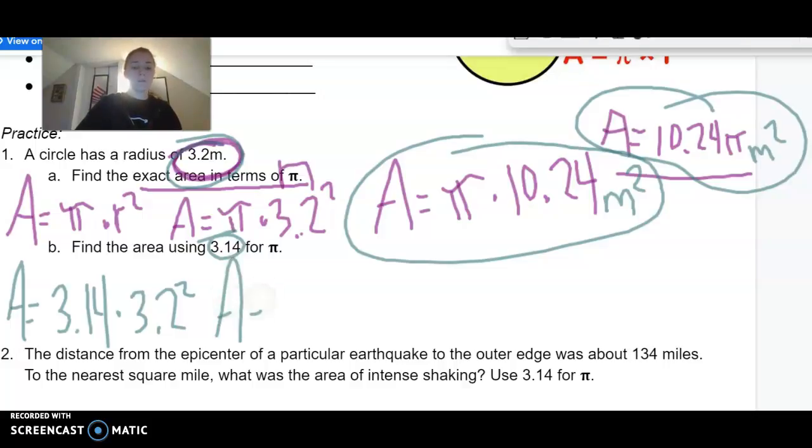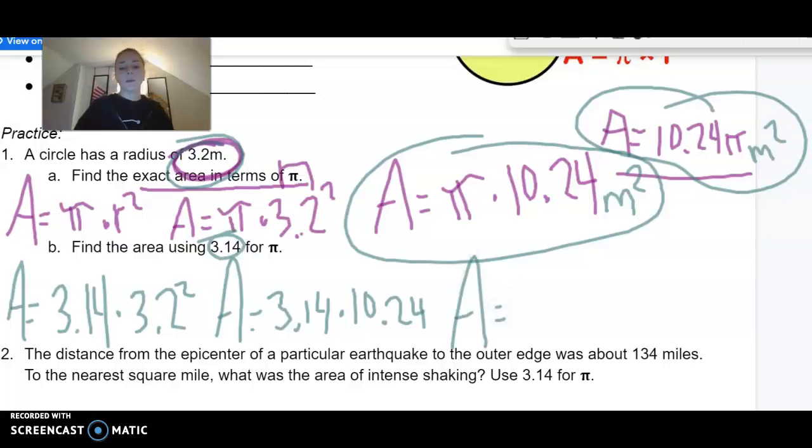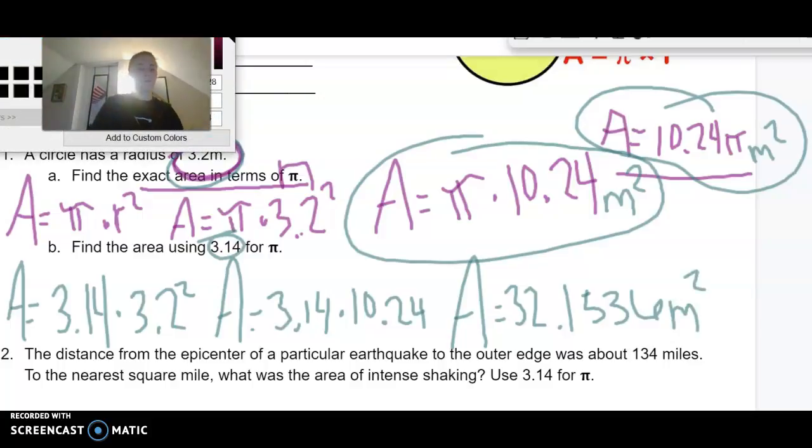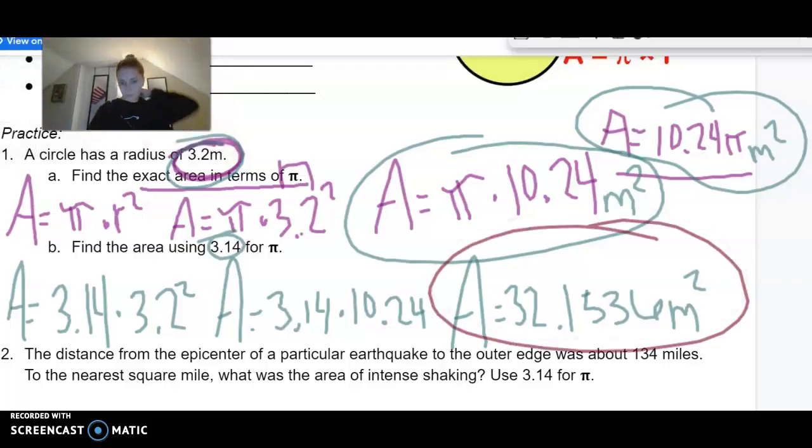So now we can simplify this to 3.14 times 10.24. Now you can get your calculator out, multiply 3.14 times 10.24, and that gives you 32.1536. We're working with meters, so meters squared. Okay? So here's our answer if we're solving with 3.14 as pi.